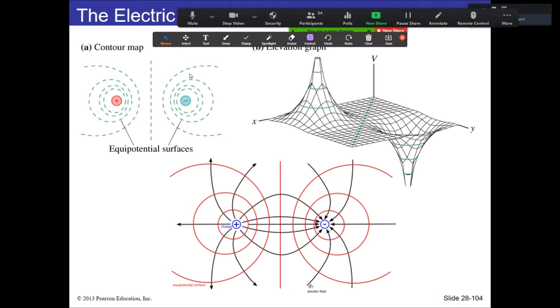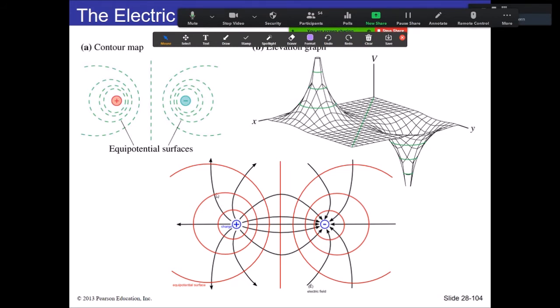Now, the figure on the bottom here also shows equipotential surfaces, but what it displays are the associated electric fields. You've seen the electric field picture before, but something you're going to want to notice is that every place where a field line crosses an equipotential surface is at a 90-degree angle.